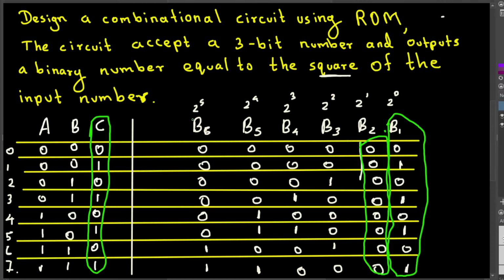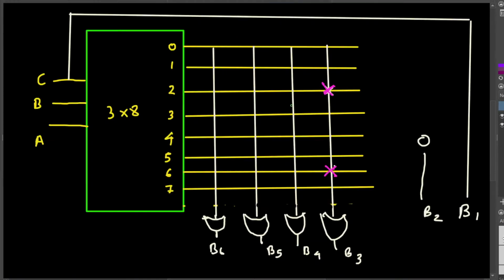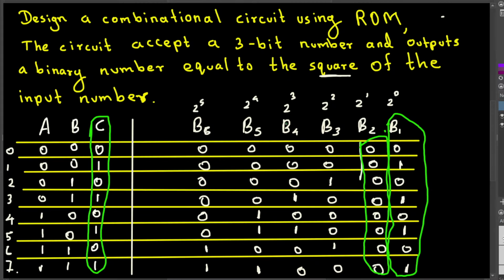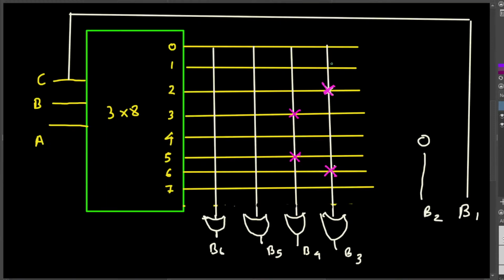And if you look at B4, B4 is 1 at 3 and 5. So I put the cross marks at 3 and 5. Okay, and then B5 is on at 4 and 5, so I put 4 and 5.